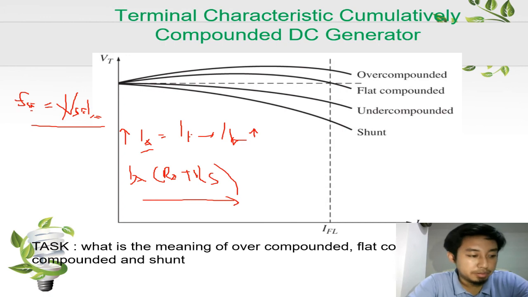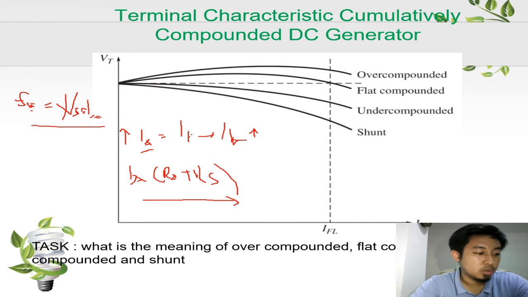Based on the previous equation, this increases the flux in the generator, which tends to make VT rise. Since EA is proportional to flux, when the flux increases, EA and so VT will be increased.